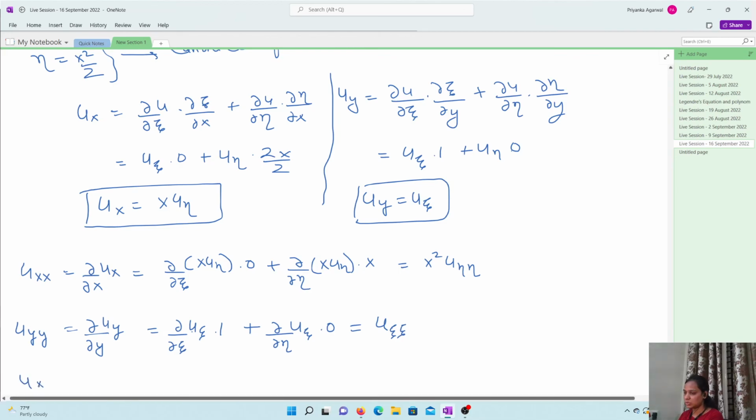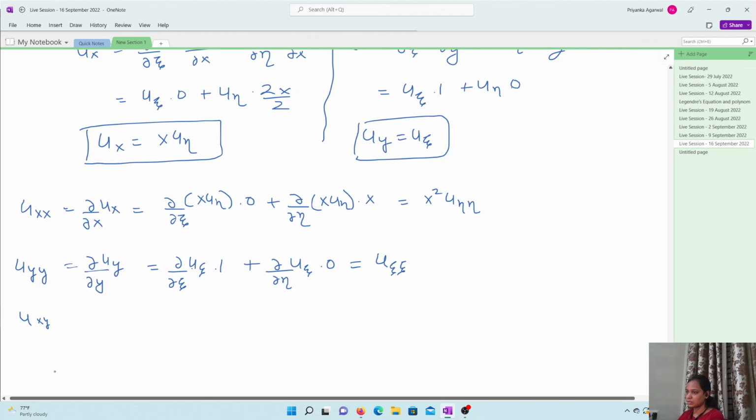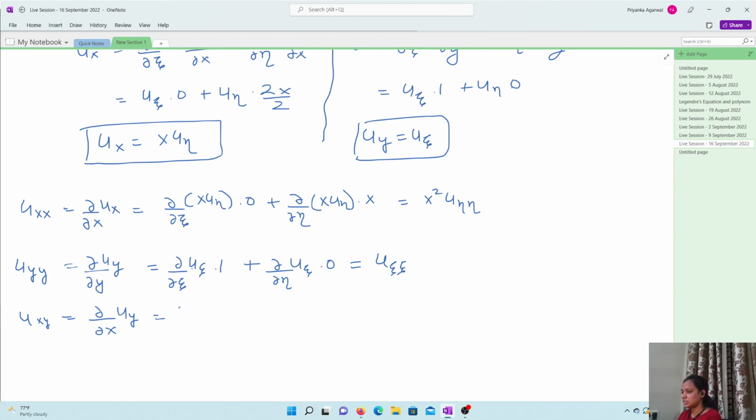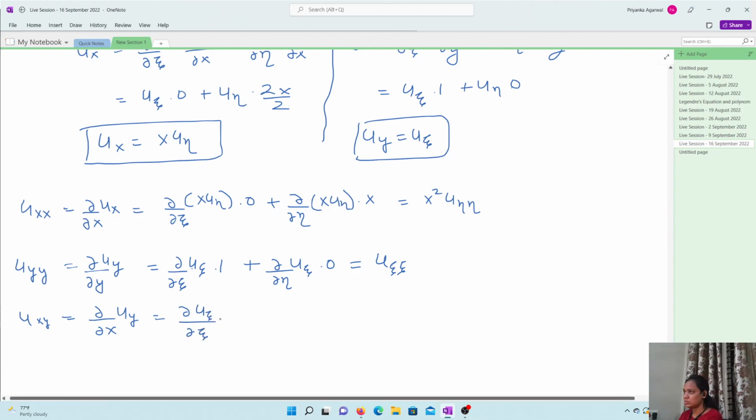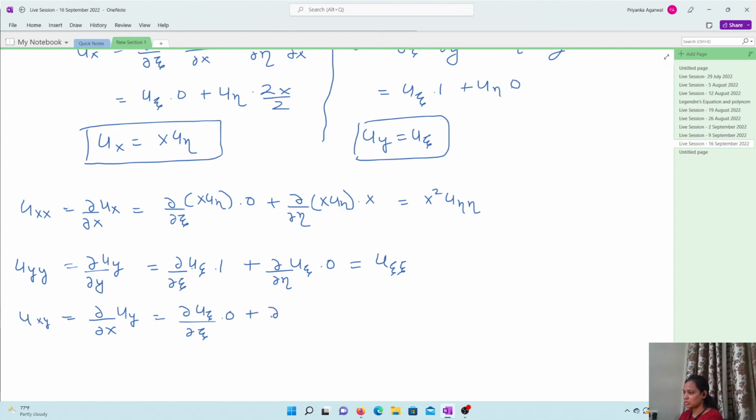And similarly, uxy can be written as del by del x of uy, which is del by del xi of u xi into del xi over del x, which is 0, plus del by del neta of u xi into del neta over del x, which is x. So this becomes x times u xi neta.